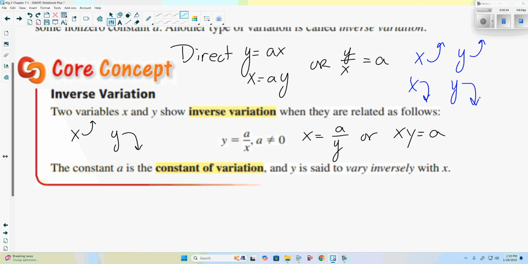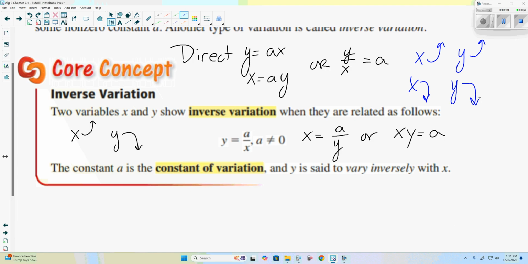Or as x gets closer to 0, y is going to get closer to 0. As x gets farther away from 0, y is going to get farther away from 0. So they're either both going to go in the same direction for direct, or opposite directions for inverse. Questions on direct or inverse variation?